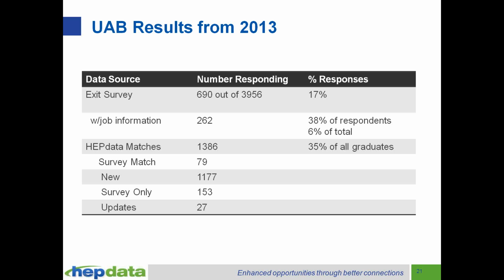And we found 27 positions where the students had given us a job in the survey but had actually changed jobs since then. This gives you a sense of the type of data we can return to you, and for us a typical match rate is anywhere between 35 and 70% depending on your alumni base.